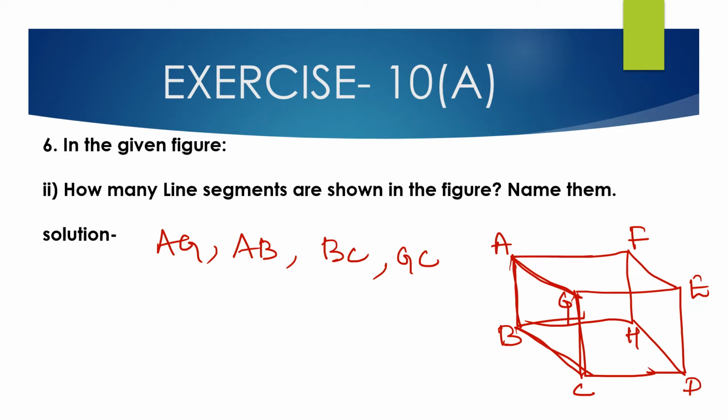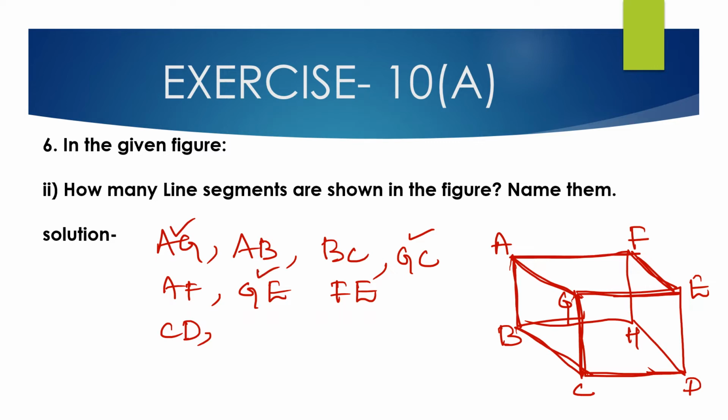Then AF, this is also line segment AF, GE. AG, already I have written AG, and FE. GC already written, CD, GE already written, then ED.